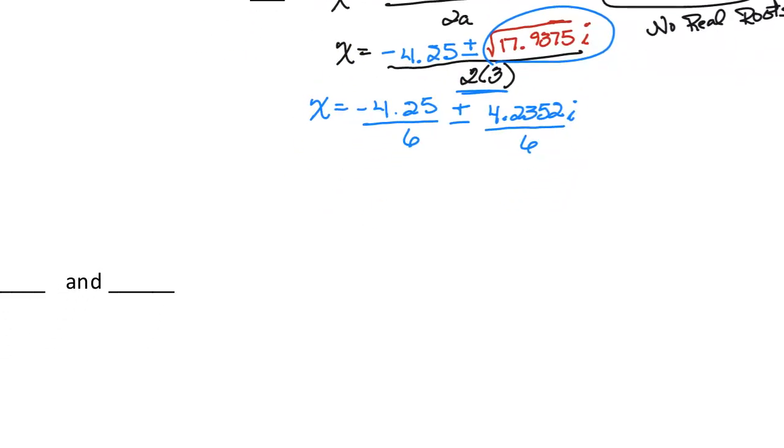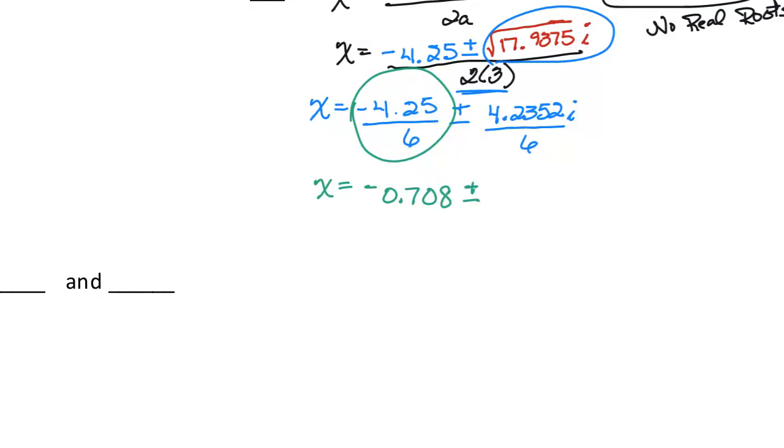Okay? So, if I do negative 4.25 over 6, I'm calculating all of this right here. So that is negative 4.25 divided by 6 gives me negative 0.708. X is equal to negative 0.708 plus a bunch of 3's.